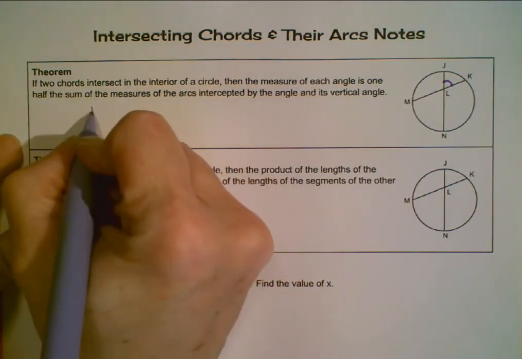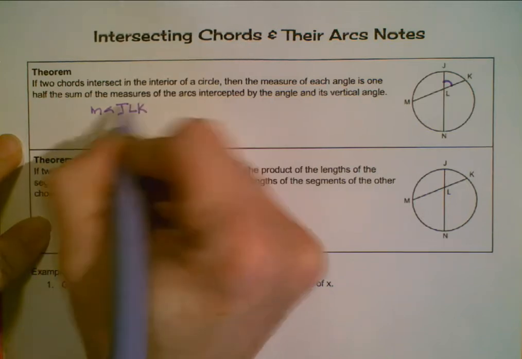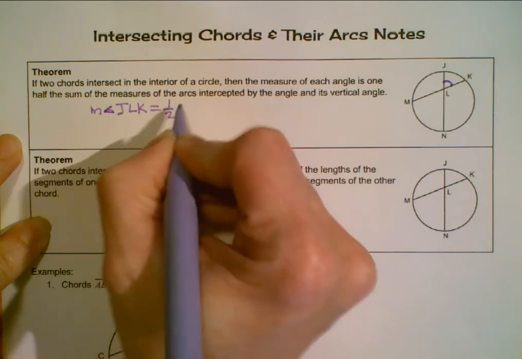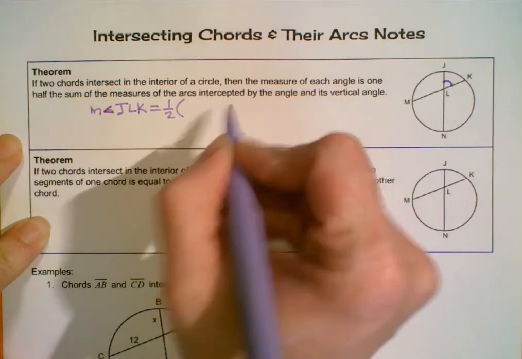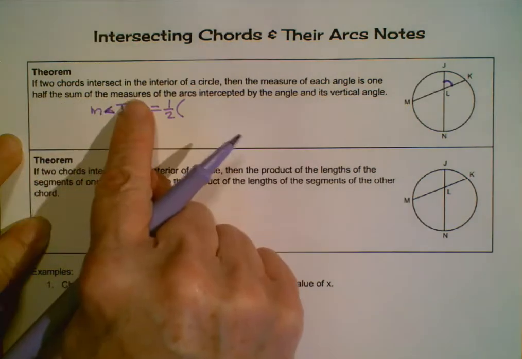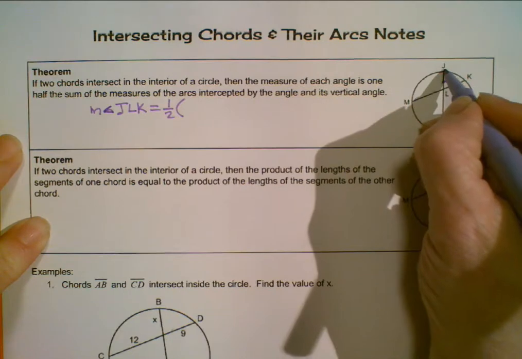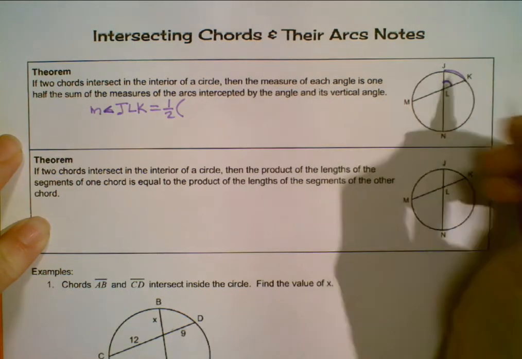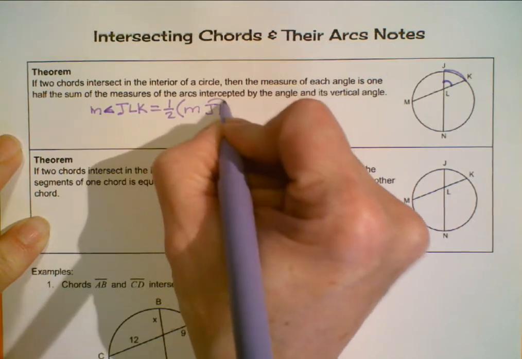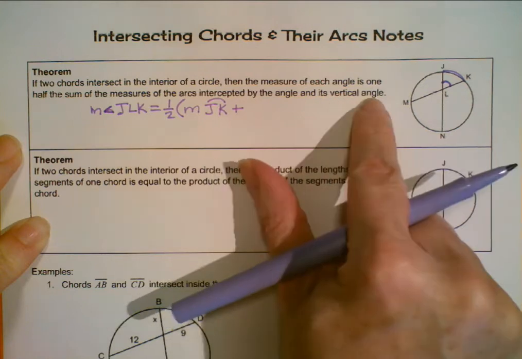So the measure of angle JLK is 1/2 of the sum of two things. Now the sum of the measures of the arcs intercepted by the angle, so in this case the measure of this arc, JK, plus the arc intercepted by its vertical angle.